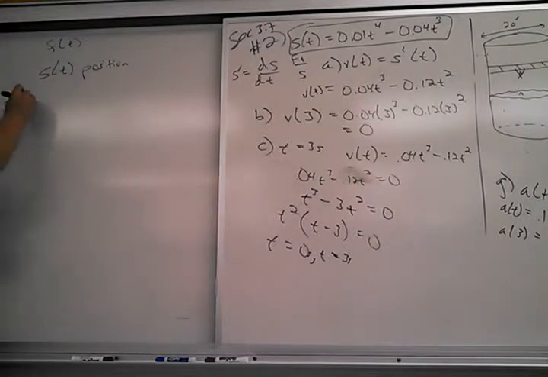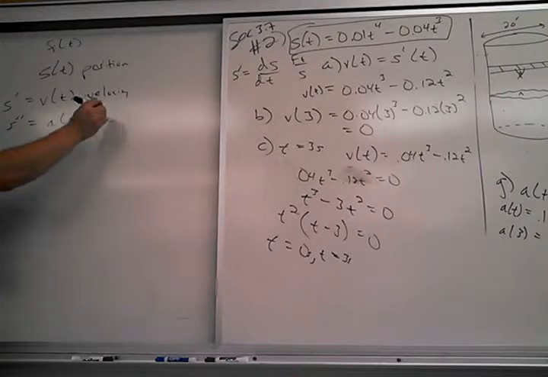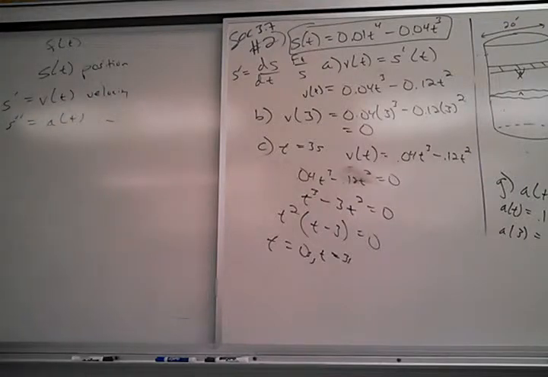And then if you do S prime, you get V, velocity. And if you do S double prime, you get acceleration. S triple prime would be the jerk, but I don't think they talk about that too much. What do you mean jerk? Like that movie with Steve Martin? No. Jerk is when you have a very sudden change in acceleration, is when you feel it.